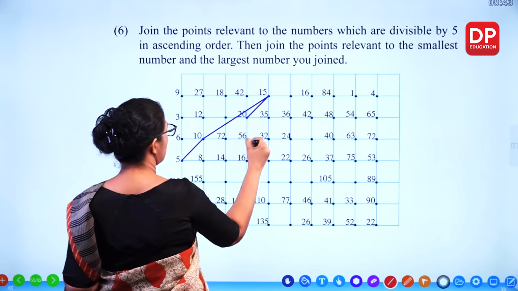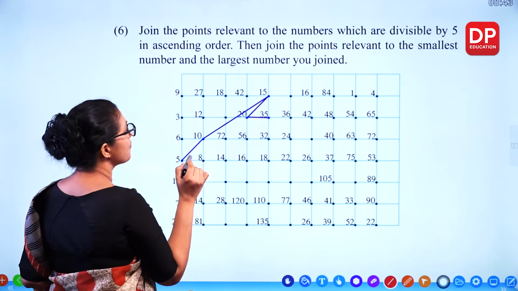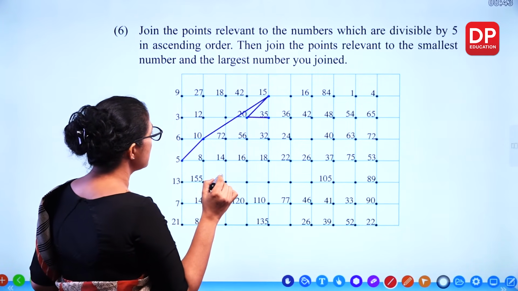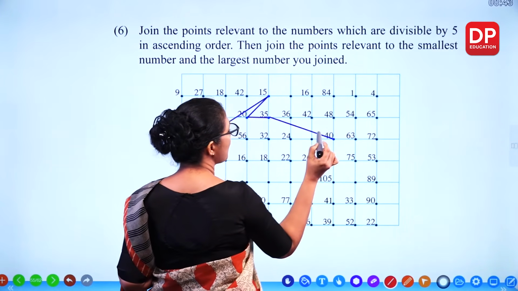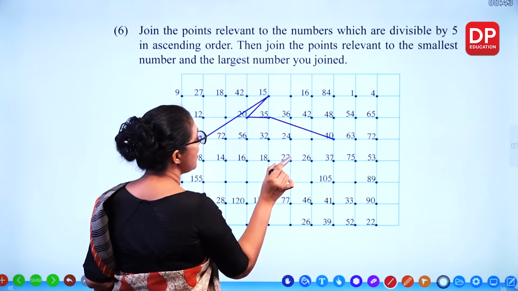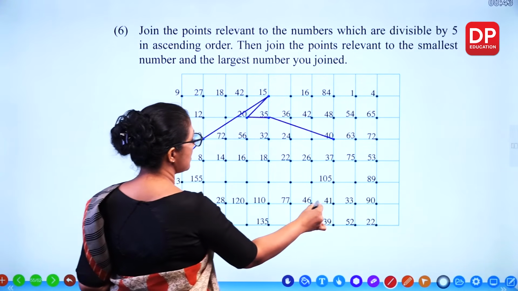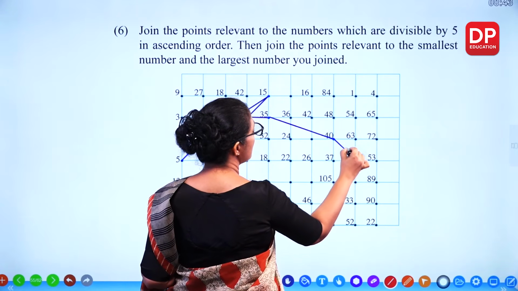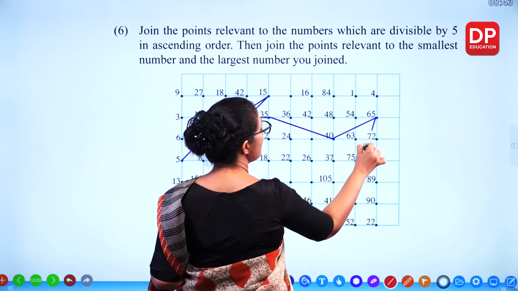Then 35. After that, 40. Then you get around that 75. Before 75, you get 65. 65, then 75.